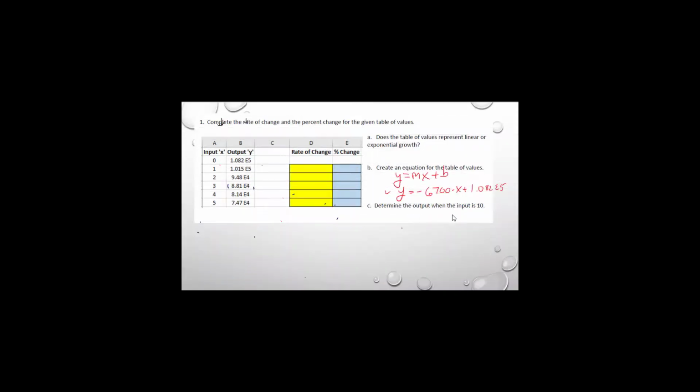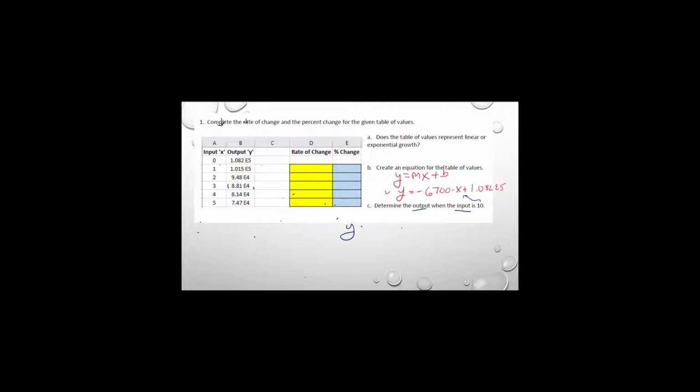So that is that. The last thing we're going to do here is determine the output when the input is 10. So 10 goes in here.